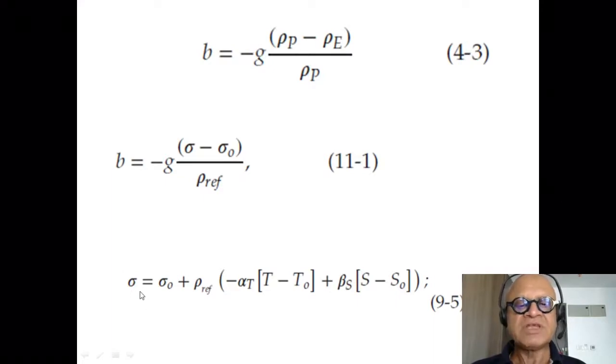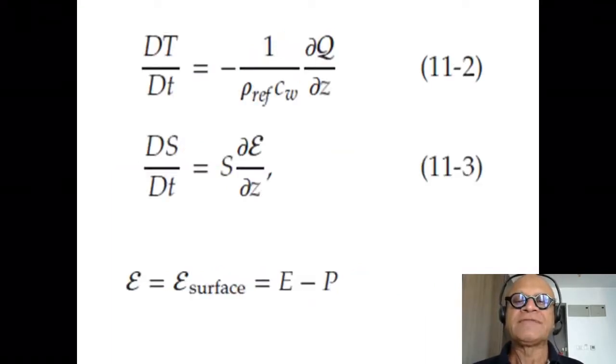So sigma itself is written as sigma naught plus rho ref, thermal expansion coefficient, and salinity effect. Obviously we have said density is a non-linear function of temperature and salinity, so this is a linearized fit to the observed density, or actual density.